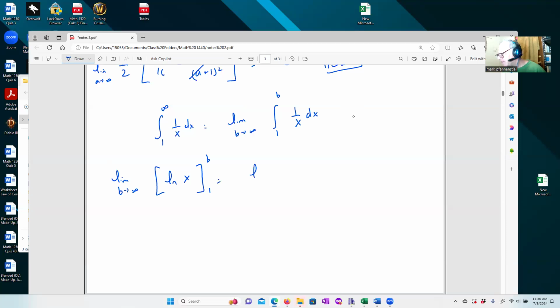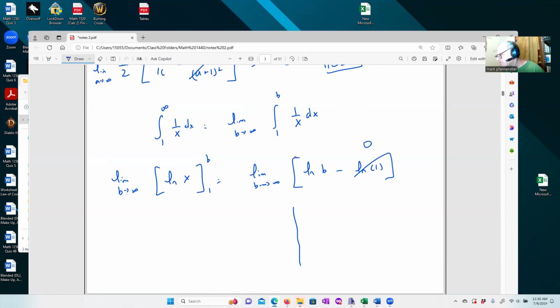So we have the limit as b goes off to infinity of the natural log of b minus the natural log of 1. Going back to algebra, natural log of 1, what is that? That's 0. And then the natural log of b is going off to infinity.